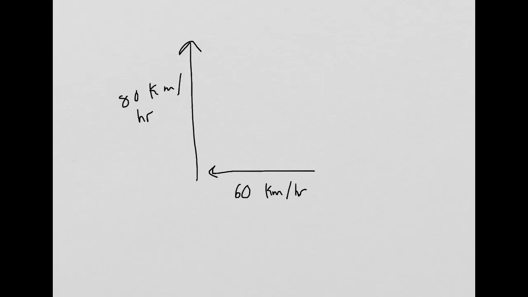Okay, so, the plane is directing itself at 80 kilometers per hour north, but the wind is going to push it slightly off that track. So it's actually going to look something like this. That's the resulting vector, the actual speed and direction of the plane.